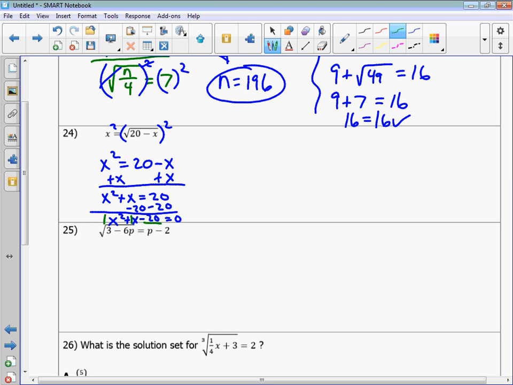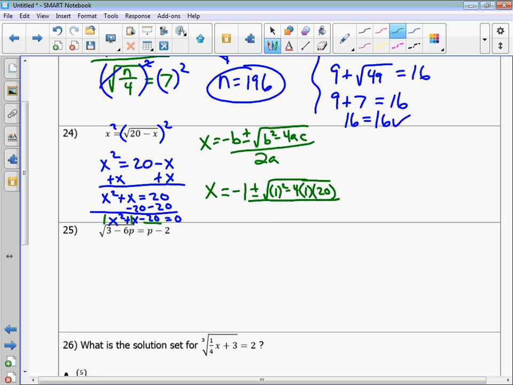So a is 1, b is 1, so negative 1 plus or minus the square root of 1 squared minus 4 times a is 1 times c is 20, all over 2 times a. Simplify this. x equals negative 1 plus or minus the square root of 1 minus 80 all over 2.